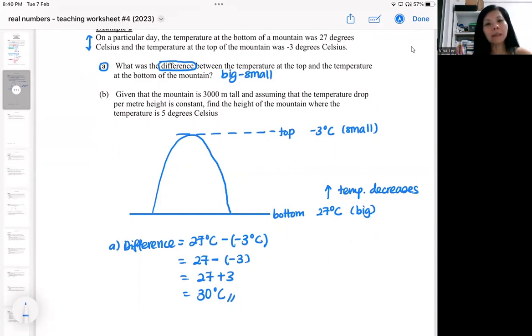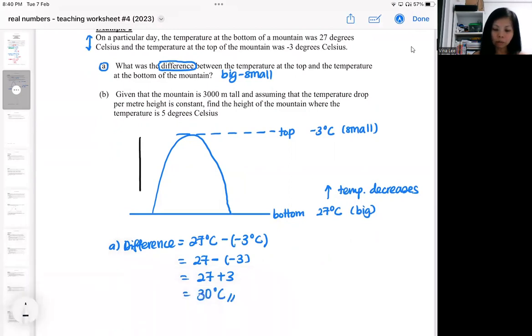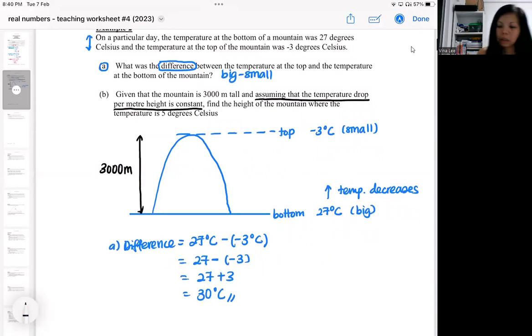Okay, so B is the challenging part. We were told that the whole mountain is 3,000 meters tall, and you are assuming that the temperature drop per meter height is constant. So what's the meaning of it?